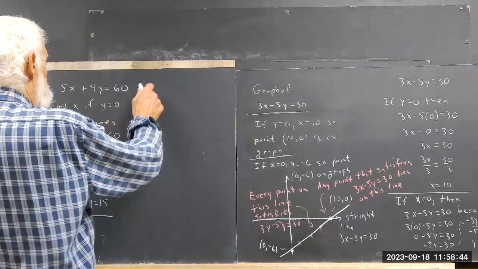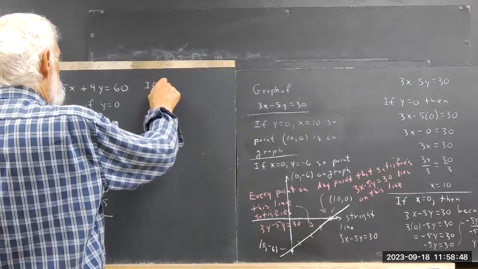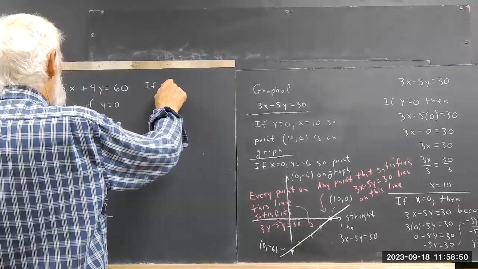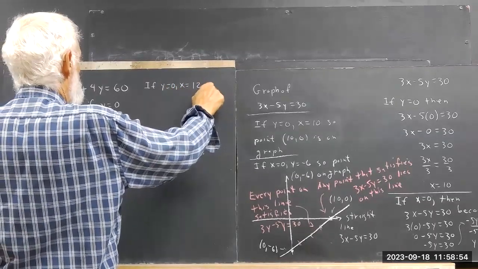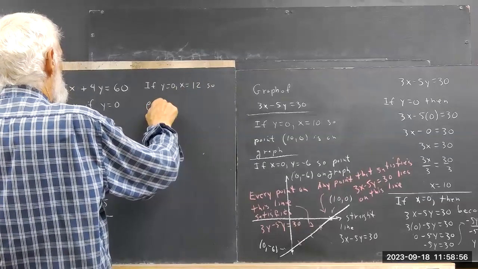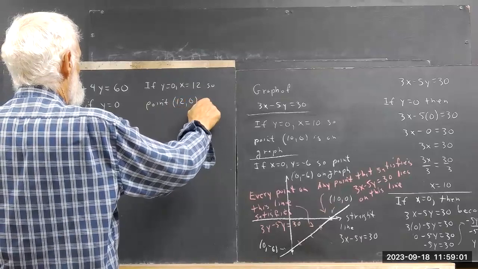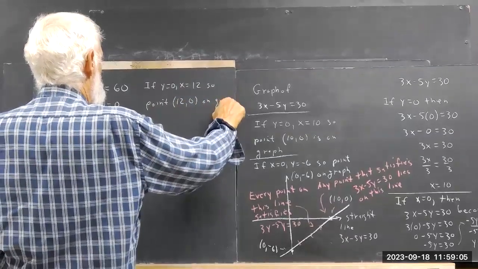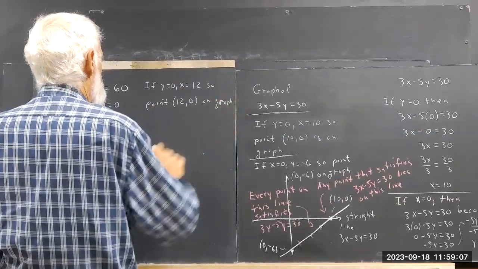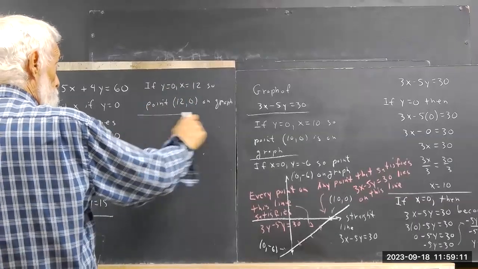So now, if y is 0, x is 12, so the point 12, 0 is on the graph.